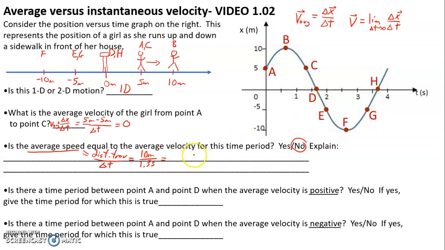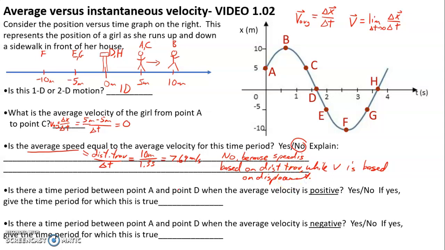So if we calculate that, we get about 7.69 meters per second. And so we're showing that in terms of a calculation that they're not equal. We can say also, no, they're not the same, because speed is based on distance traveled, while velocity is based on displacement.